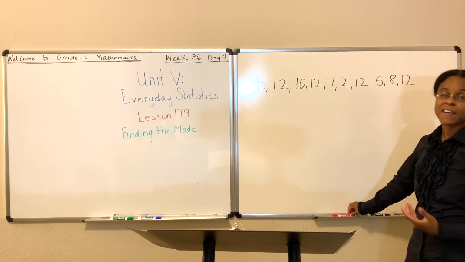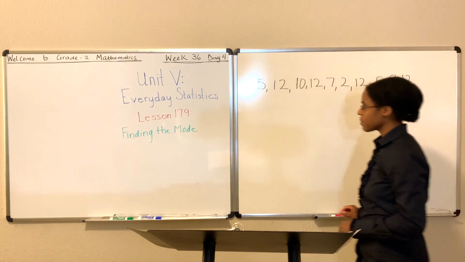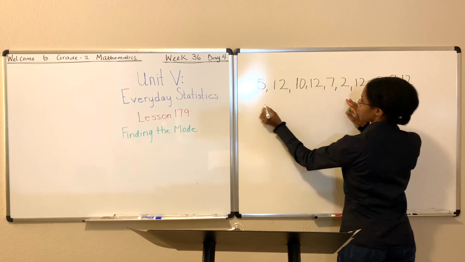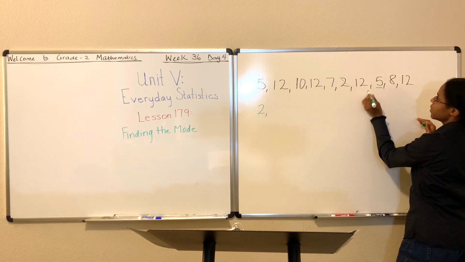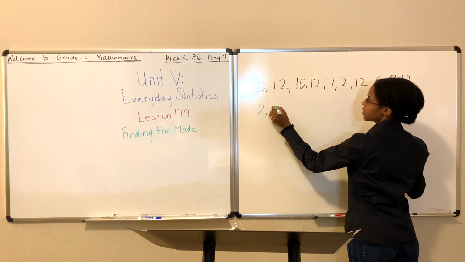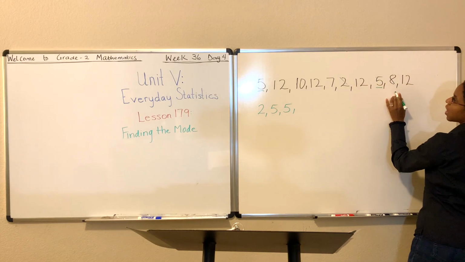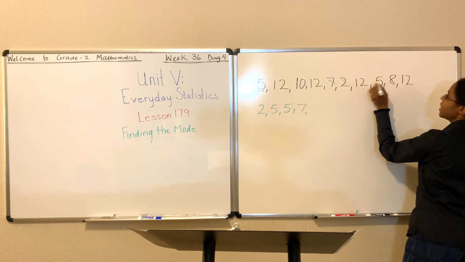What I'm going to do, the very first thing you want to do usually is put them in order, okay? So let's grab a pen and put these in order. I have a 2, here's a 2, let's write 2 first, then we'll mark it out. I have a 5, oh look, we have 2 5s. Remember, mode is just the number that comes up the most often. So you're looking, so far the number 5 is winning.